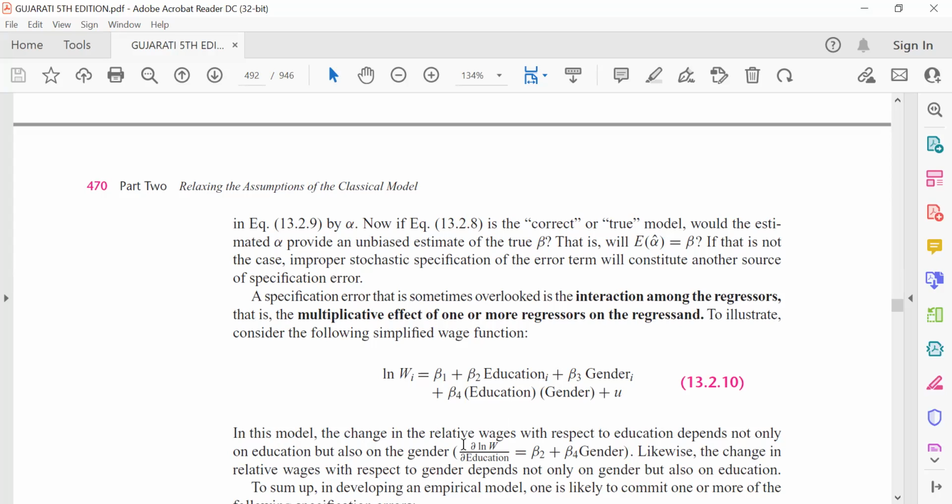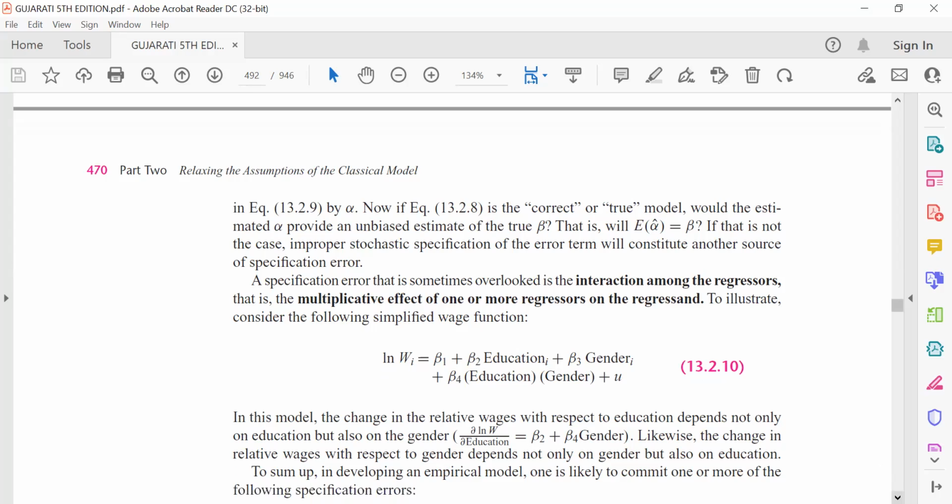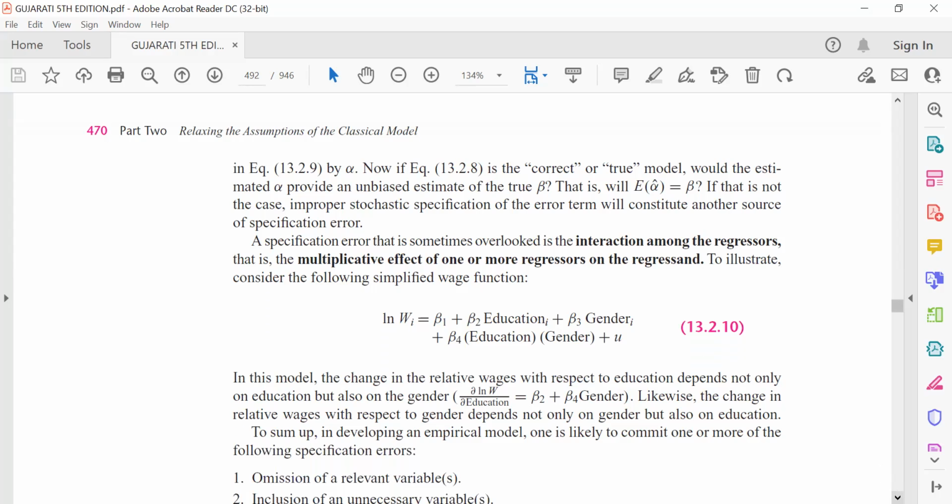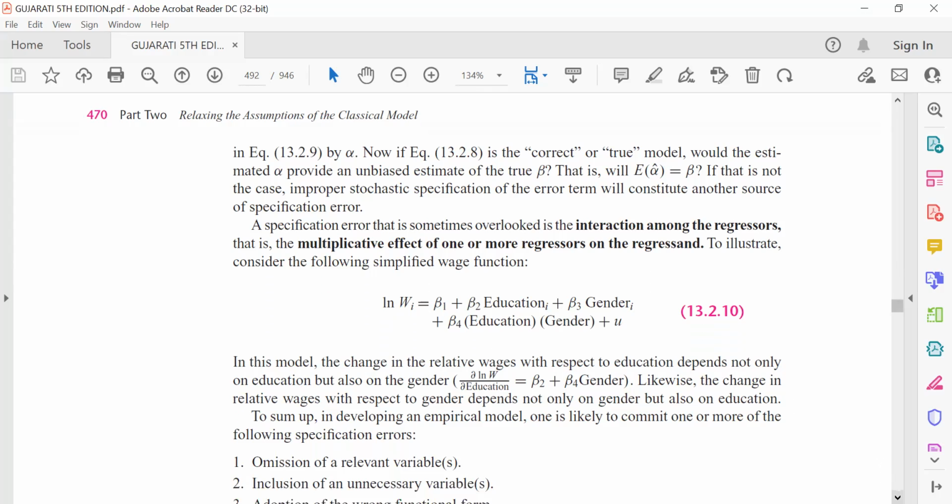In this model, the change in relative wage with respect to education depends not only on education but also on gender. Changes in the relative wage with respect to gender depend not only on gender but also on education, because we have multiplicative variables.